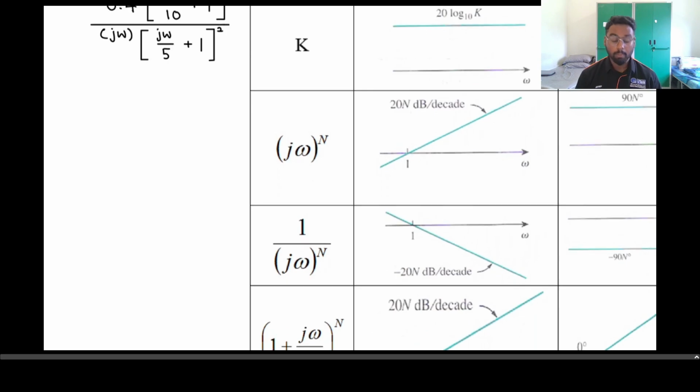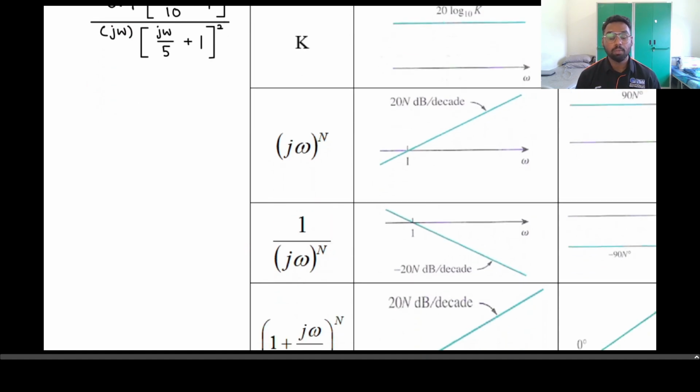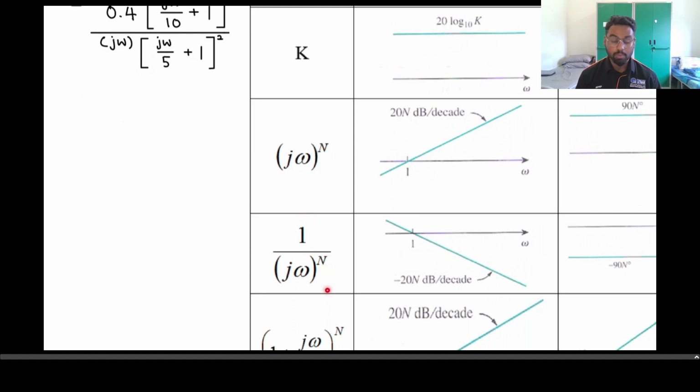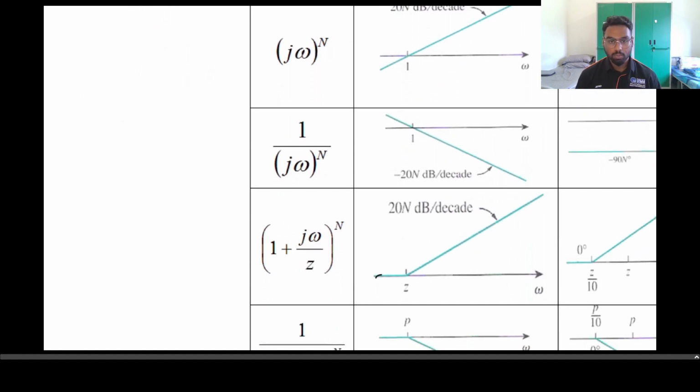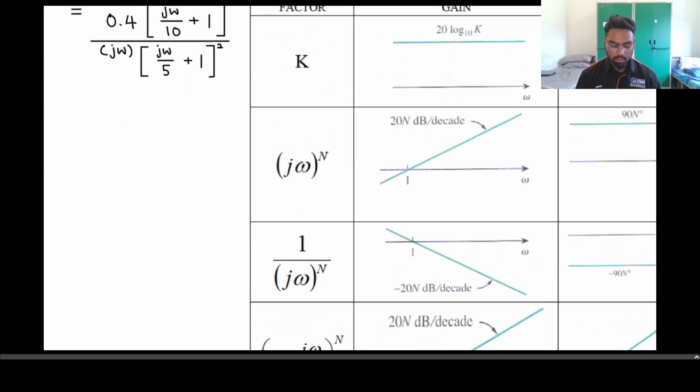For the pole part, we have the pole at origin, so the form should be 1 over jw because it is under the pole. And we have a simple pole, which we will compare to this one, so the pole value should be 5.